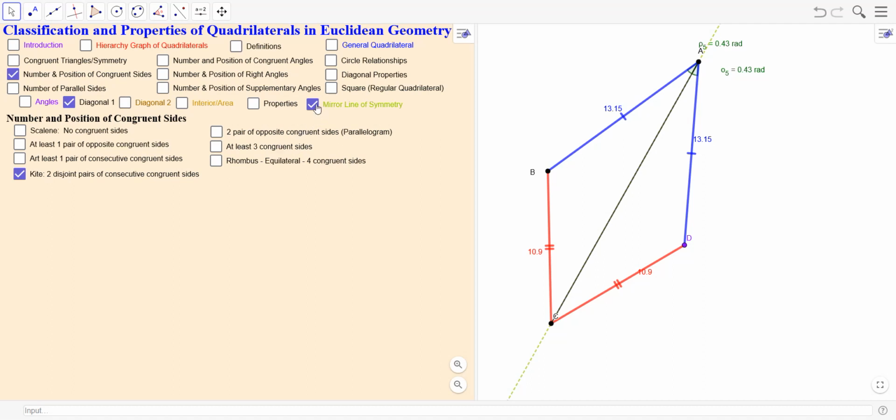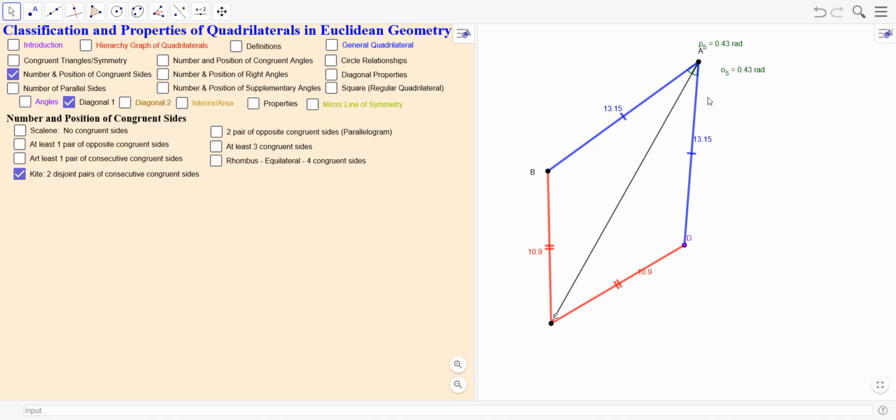So just some terminology, the major diagonal of a kite is the one which is going to have on it the points where the two congruent sides meet. The minor diagonal is the other one. It has on it the two points where the potentially non-congruent sides meet. It's possible these two sides could be congruent as well, but they don't necessarily have to be, like they're different right here, different lengths.